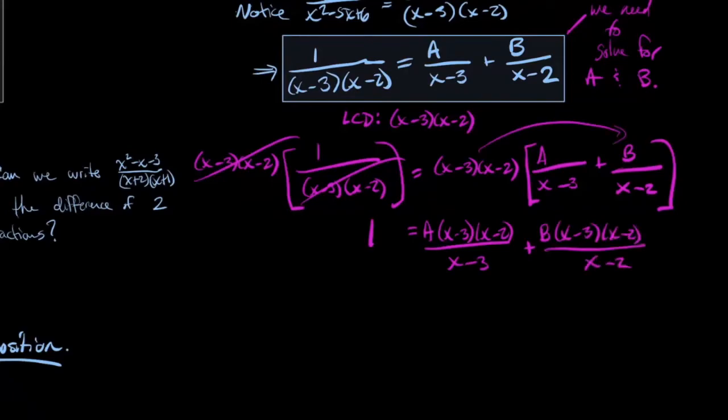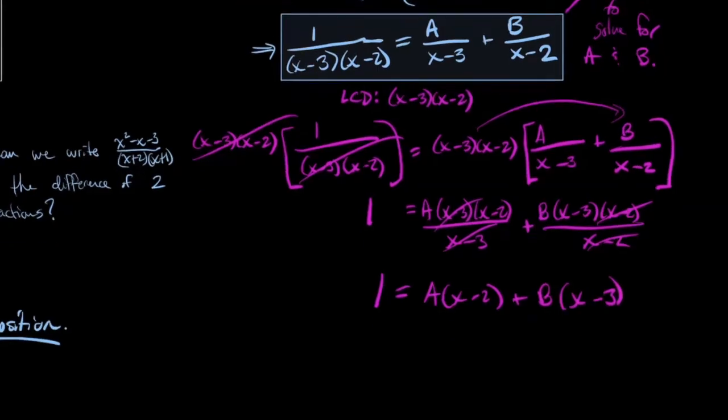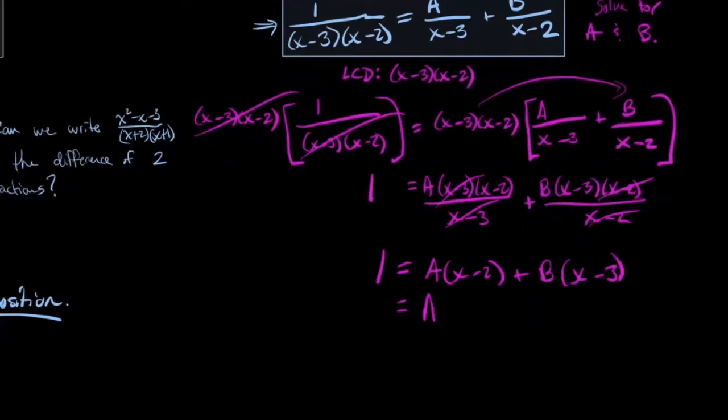So look at the cancellation here. It's a factor that we can cancel, x minus 3, and then also x minus 2 over here. So we're left with 1 is equal to a times x minus 2 plus b times x minus 3. And if we distribute the a and the b, that's going to be ax minus 2a plus bx minus 3b is equal to 1.